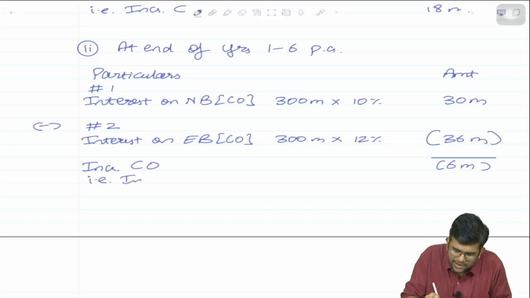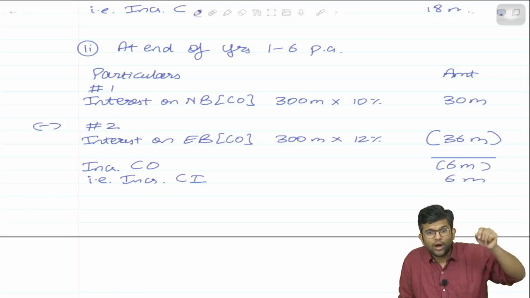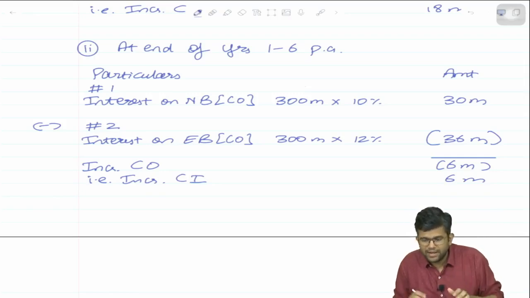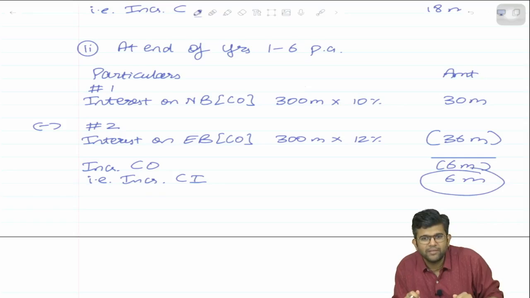That is incremental cash inflow is 6 million. Negative outflow is there, which is basically an inflow. Why is there inflow? In fact, it is for this benefit that we are refunding, that we are going to be saving interest every year. Everyone clear till here?